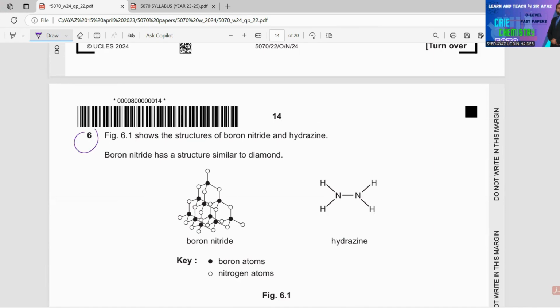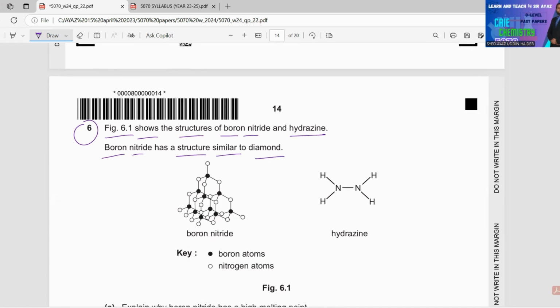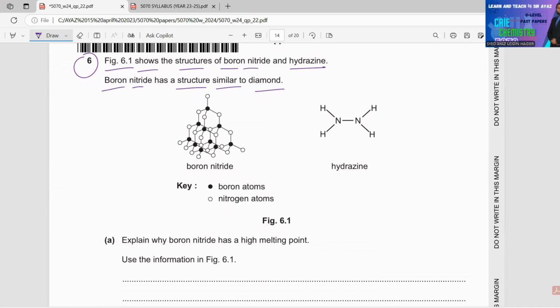Question number 6. Figure 6.1 shows the structures of boron nitride and hydrazine. Boron nitride has a structure similar to diamond. You see the structure of boron nitride, it's like diamond. Diamond also has a structure like this.